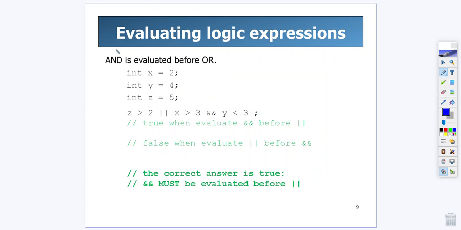So let's look at here. In this, you would get 2 different answers depending on if you evaluate and then or, or if you evaluate or and then and. If I do and first and then or, you'll get a true answer. If I do or first and then and, you'll get a false answer.